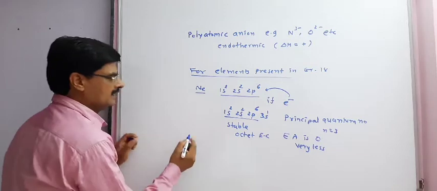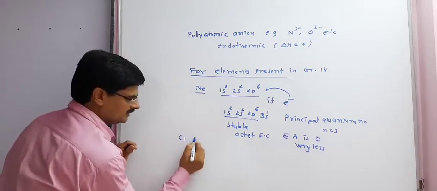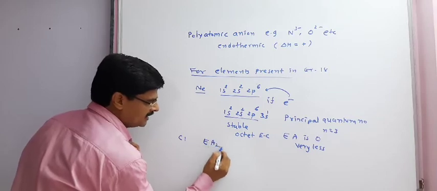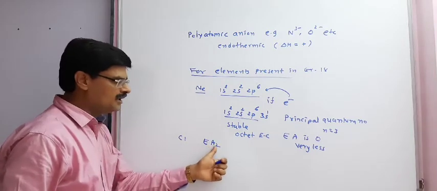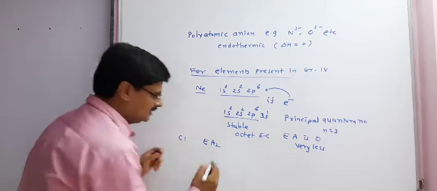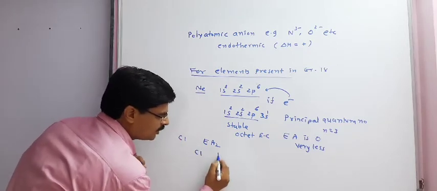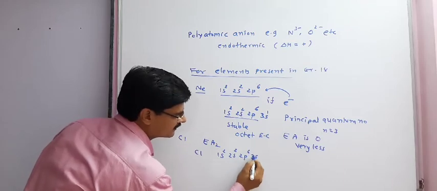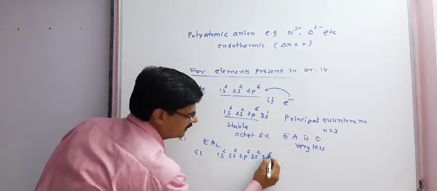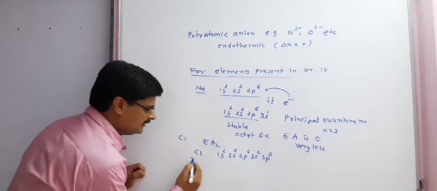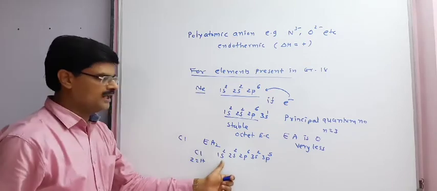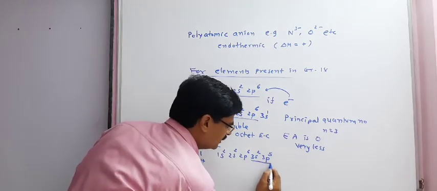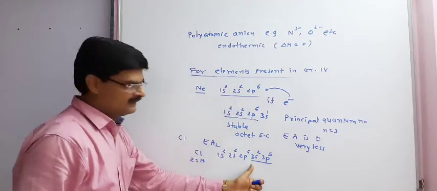In the same way we understand the formation of Cl to Cl minus ion, and we want to study EA2, the electron affinity 2 for chlorine. Chlorine electronic configuration is 1s2, 2s2, 2p6, 3s2 and 3p5, total Z equal to 17. Total 7 electrons are present in the valence shell.